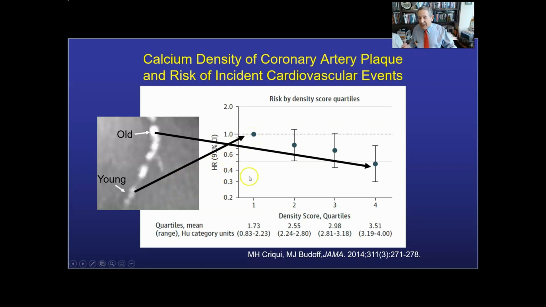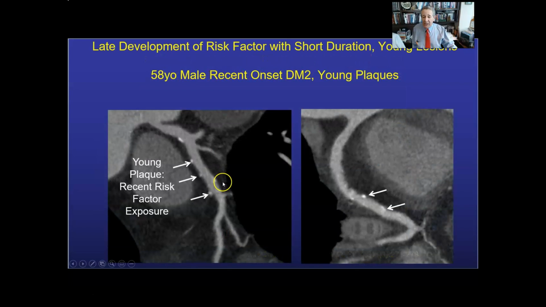So this is consistent with it, which is really logical, that if you have active disease where you're still making new plaques, they'll be less dense and a higher risk. And in fact, if you have a risk factor such as late onset diabetes, in this case somebody in their 50s, and you just start laying down plaque because of the risk associated with diabetes, you have a lot of small, young plaques.